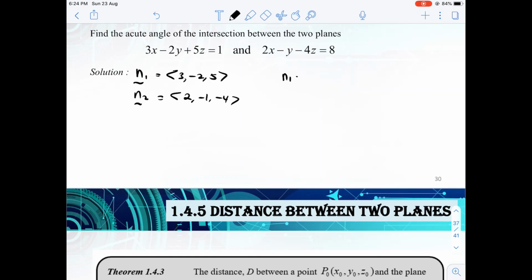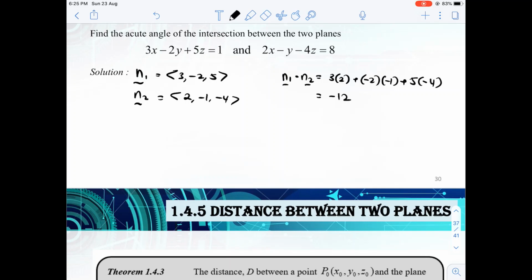So n1 dot n2 equals 3 times 2 plus -2 times -1 and then plus 5 times -4. So we have 6 plus 2 is 8, minus 20, -12.